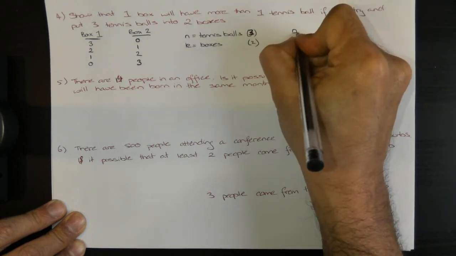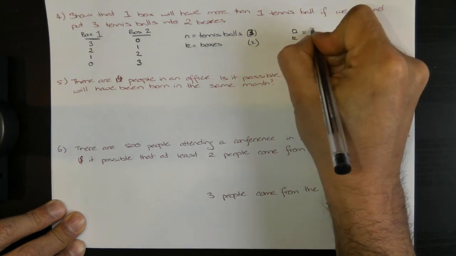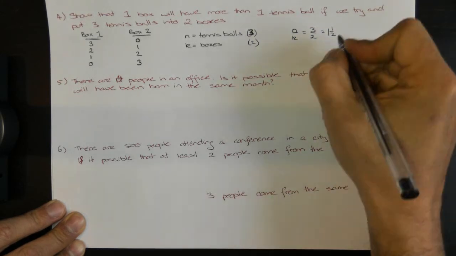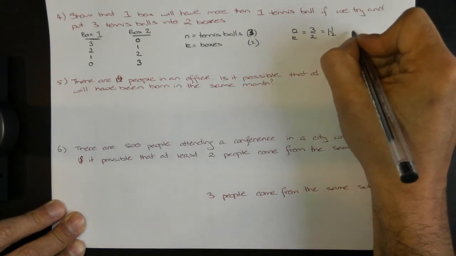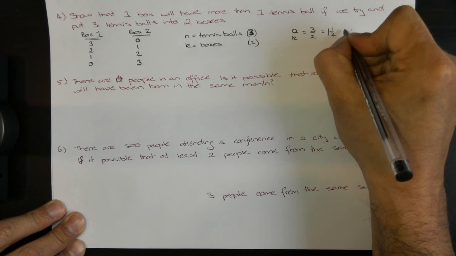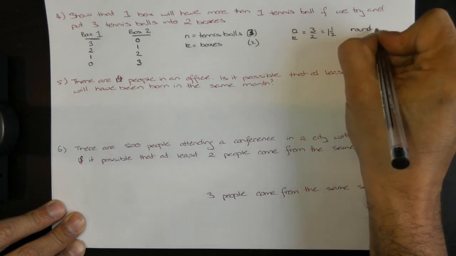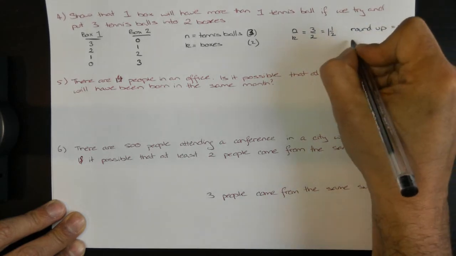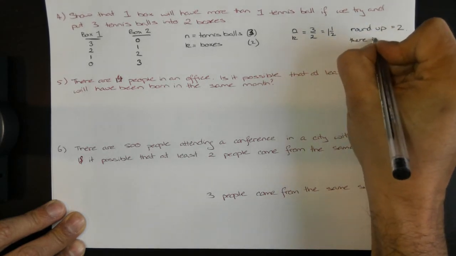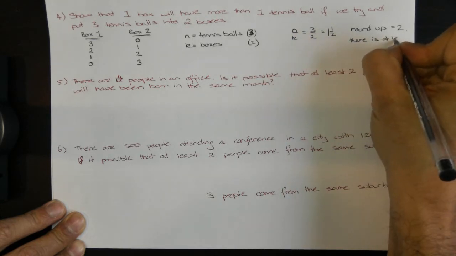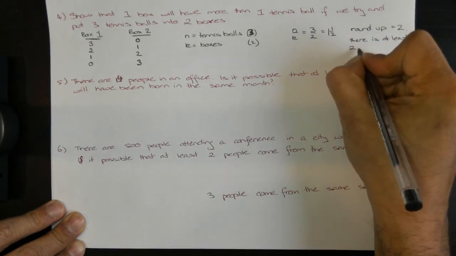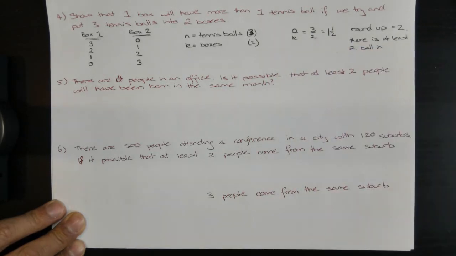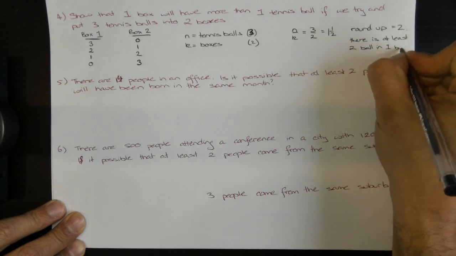So then N divided by K is 3 over 2, which is 1 1/2. So if we round up to 2, there will be these 2 balls in one box.